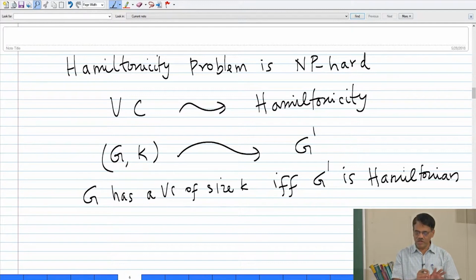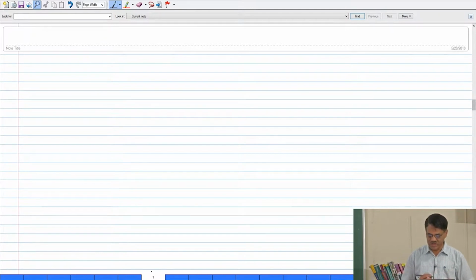I'm going to somehow create some gadget for each edge here and then say that if you give me K vertices, I can walk through these K vertices and cover all the gadgets corresponding to the edges, and that will give me a Hamiltonian cycle. Okay. So I'll start by giving an example. We'll do the reduction and then we'll lift it to a general proof.